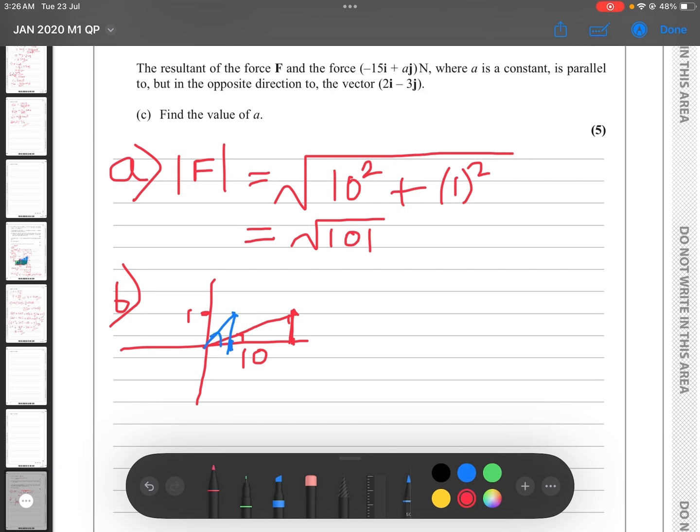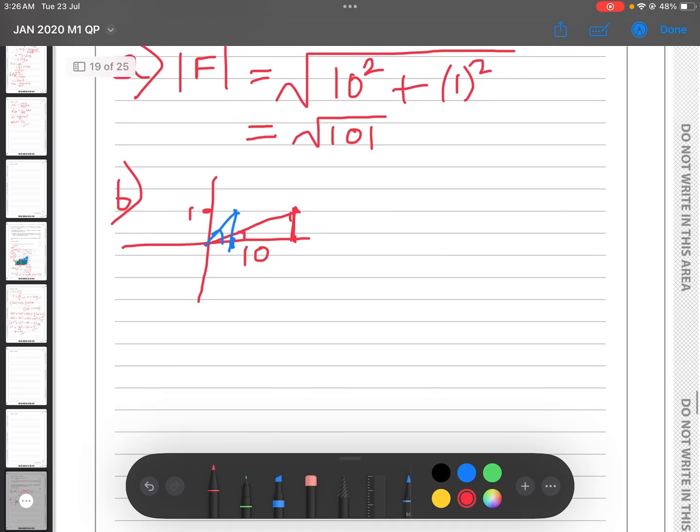Now first, what we can do to find the difference between the angles is find both the angles. Finding angle is pretty simple. This is basic IGCSE. For the bigger triangle first, using SOHCAHTOA, this is 10, this is 1, tan theta is TOA. So opposite is 1, adjacent is 10.